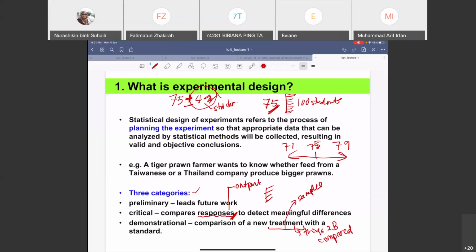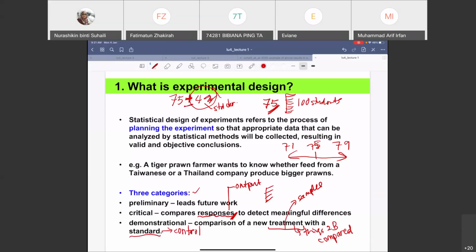So what is meant by standard here? Standard means the control experiment. In conducting any experiment, you must always have a control so that you know what the comparison looks like.